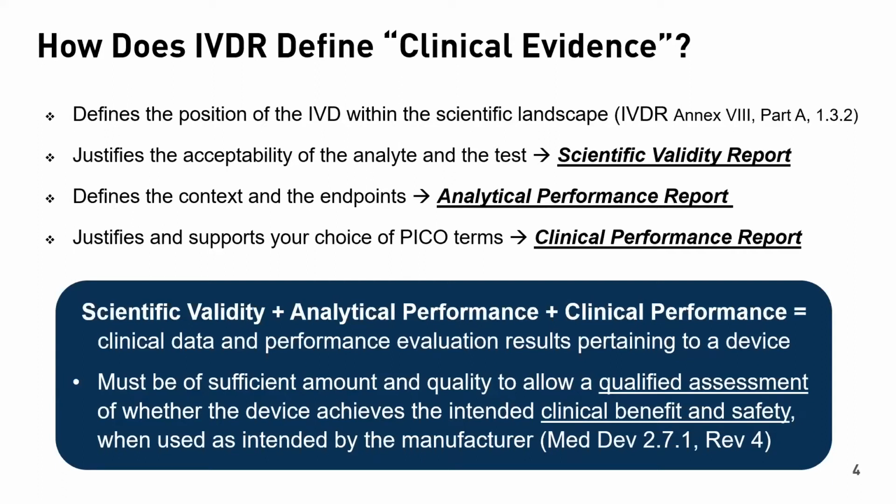However, these reports provide the necessary clinical evidence, but IVDR also requires an assessment of those reports that supports your assertion that the clinical evidence is sufficient to make a decision on the benefit-risk ratio. So your PER should also be ready to describe the methods for gathering clinical evidence.